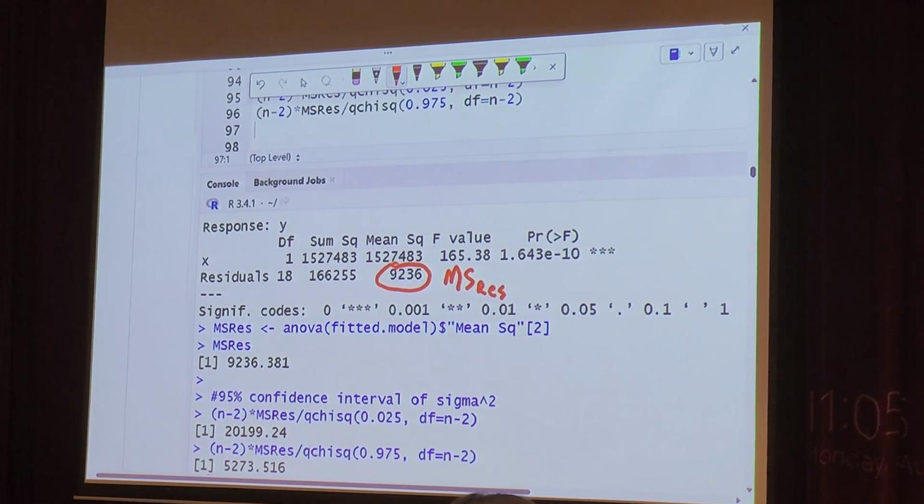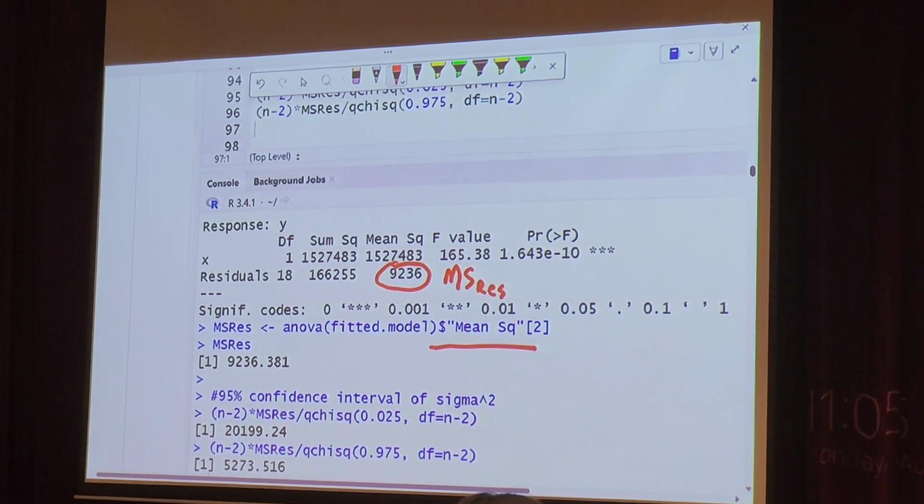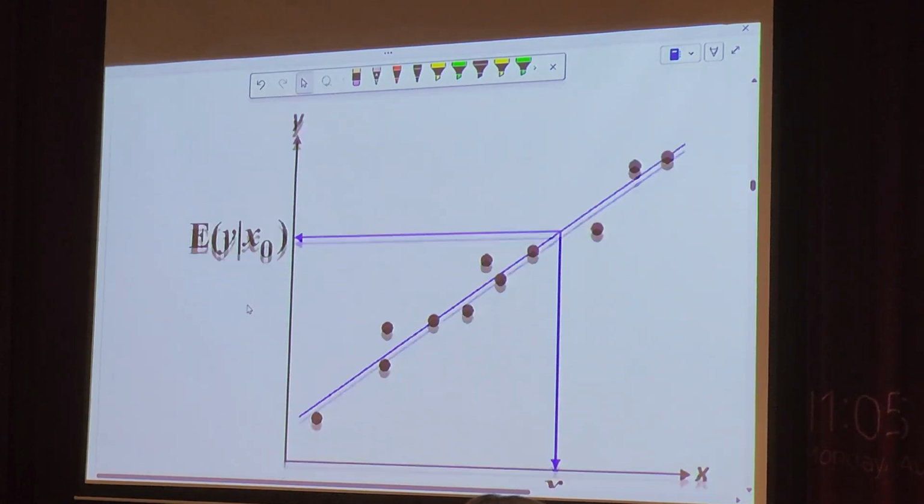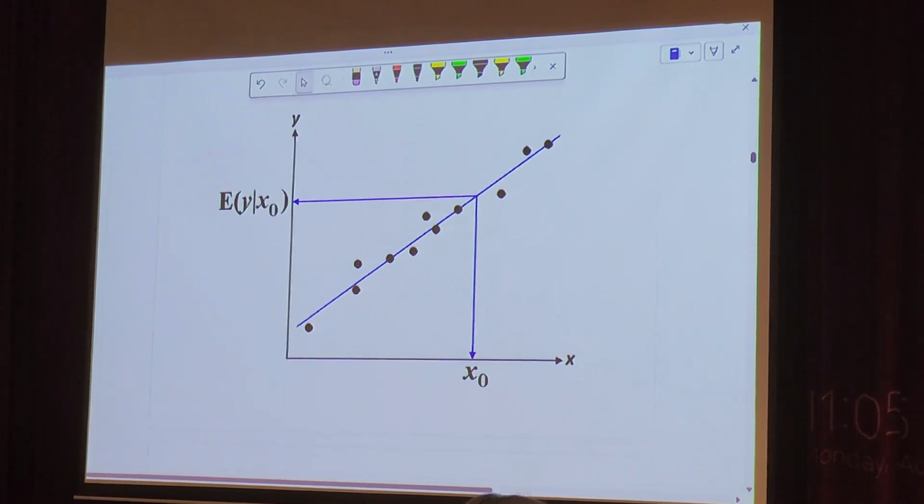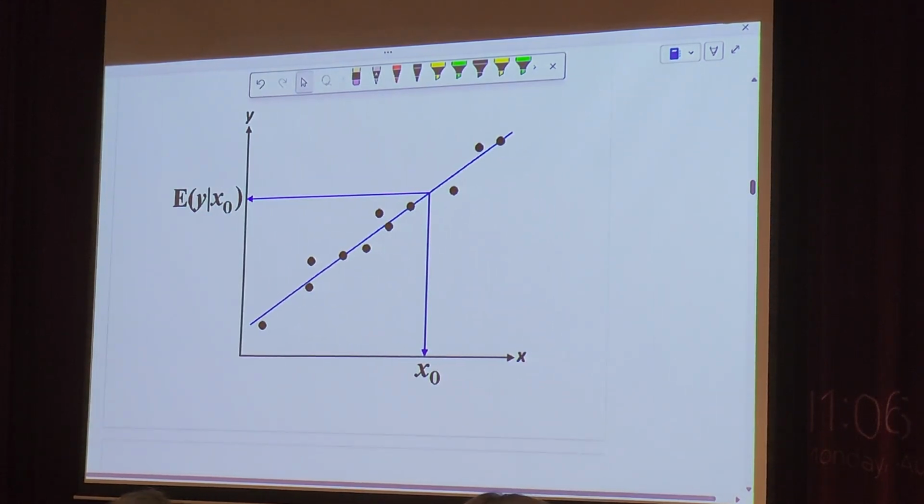It's the sum of squares divided by 80. You can extract it from the table using this extractor, and then you can construct a confidence interval for it. Okay, so that's all I want to talk about on this estimation of sigma squared. This sigma squared is a very important quantity in regression. I will talk more about it later.